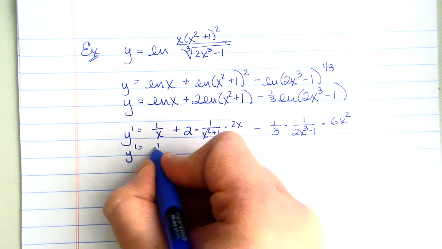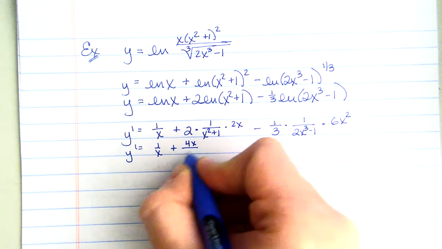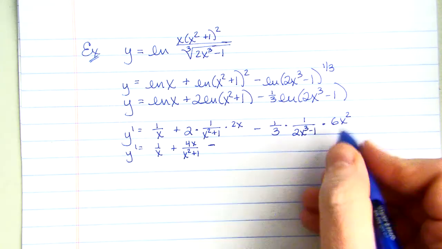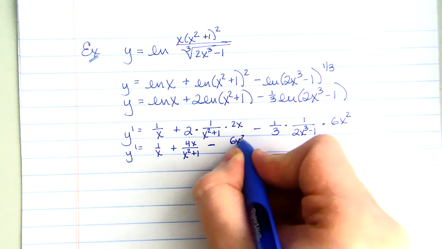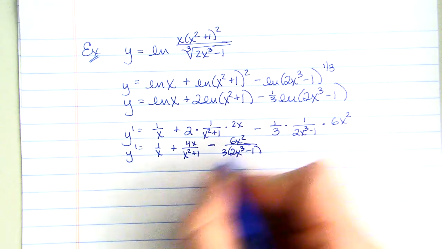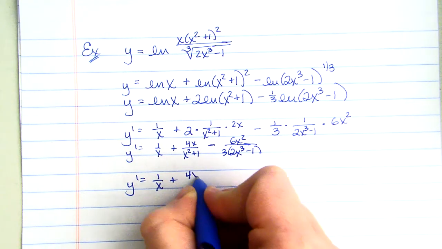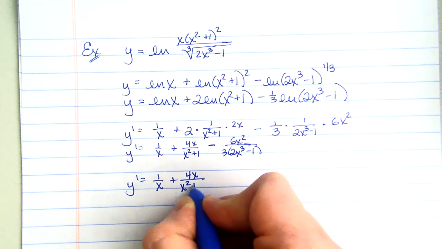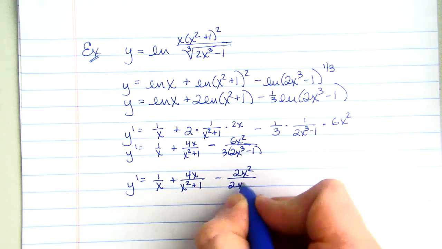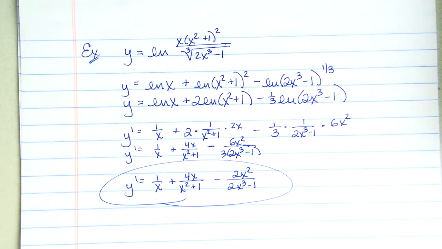So y prime equals 1 over x plus, looks like 4x over x squared plus 1. Over here, 6x squared over 3 times, I can simplify that, 2x cubed minus 1. I'm going to get 1 over x plus 4x over x squared plus 1 minus 2x squared over 2x cubed minus 1. And no, I would not want you to put that together in a single fraction.